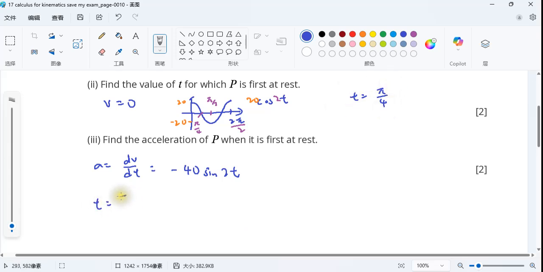So when t equal to pi over 4, A will be negative 40 sine 2 times pi over 4. So it's pi over 2. Then this is 1. So it's negative 40 meter per second squared.